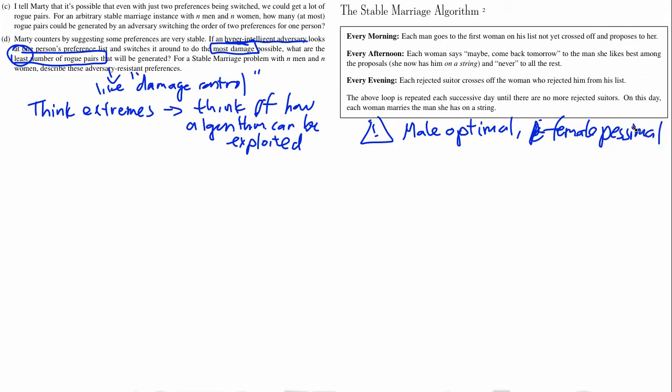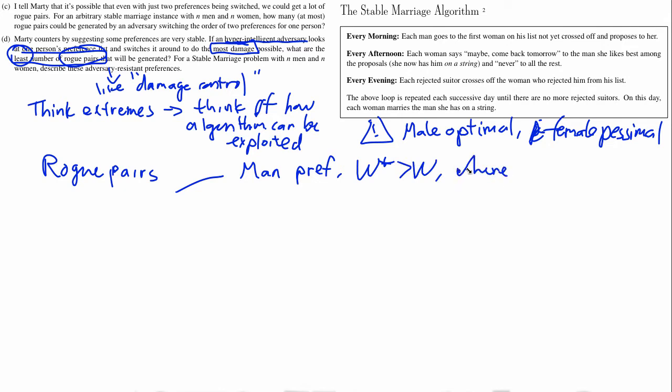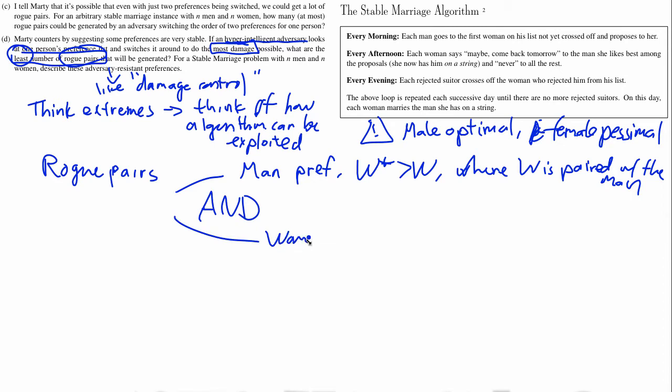Now let's consider what rogue pairs refer to specifically. As you can recall, for rogue pairs, you need the man preferring a random woman star over W, where W is paired with the man, and the woman preferring man star over M, where M is paired with the woman.